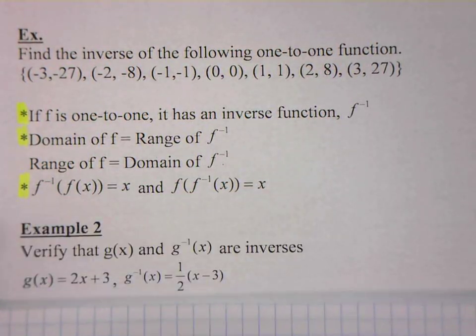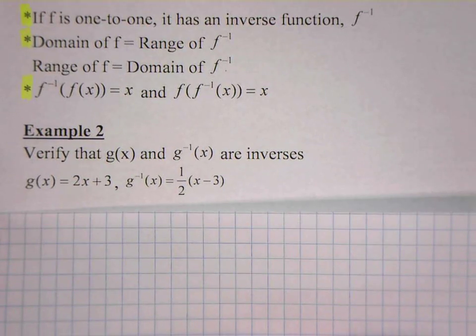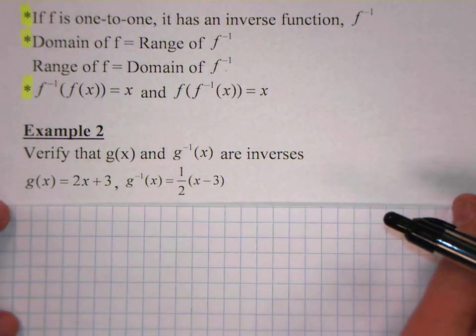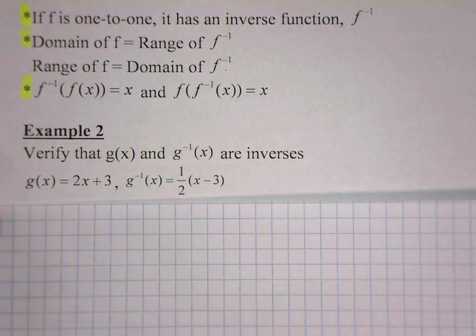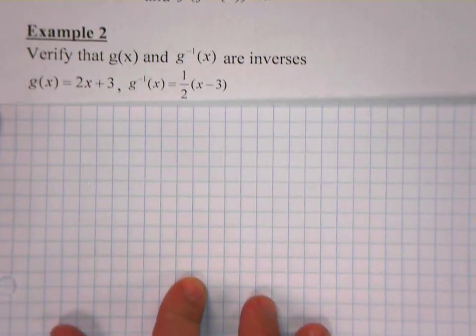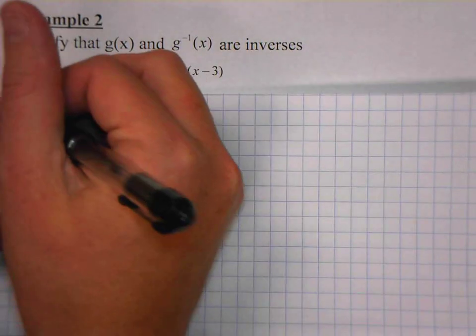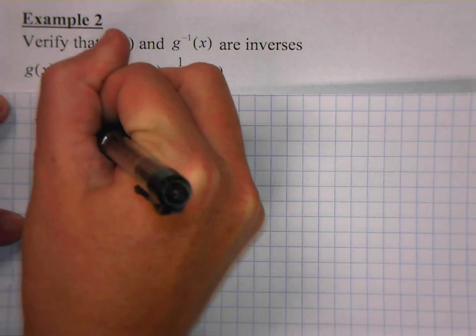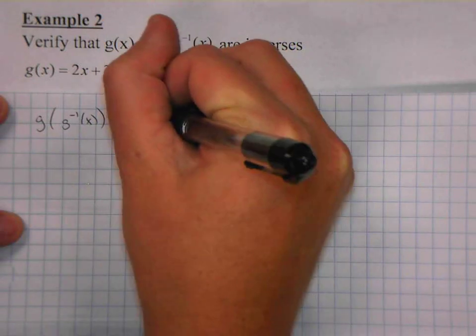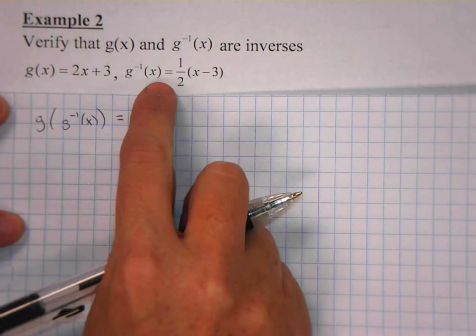So example 2, and this is one that I would want you to include in your notes, is just verifying that these two equations or functions are in fact inverses of each other. So it doesn't matter which kind of composition you start with, but if I do g of g inverse, it means that I replace the x in g with this entire expression of g inverse of x.